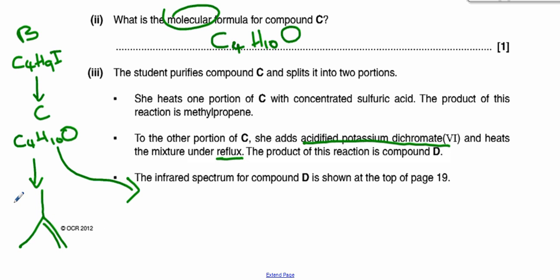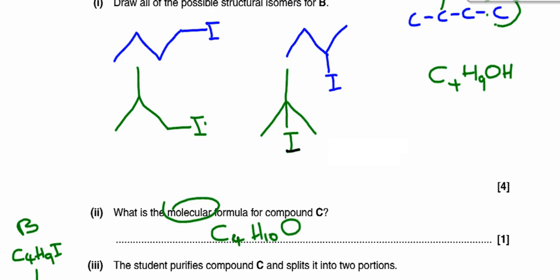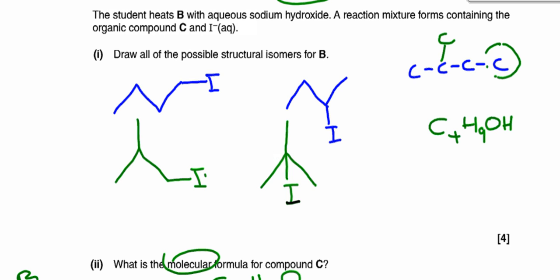So if I just go back up for a second, it means in this question both of these blue isomers are being ruled out, because if I've got methyl propene, I must have started with a methyl already. So I'll come back to that over the page.